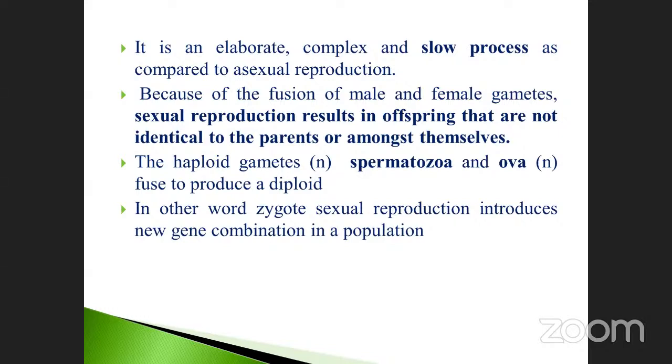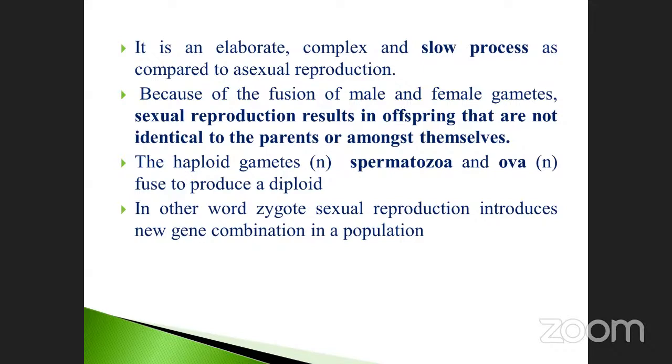When the gametes come in contact and fusion takes place, resulting in the formation of the zygote, the offspring are not identical to the parent or among themselves. Most of the cases they ask assertion and reasoning questions, and also fact type questions.